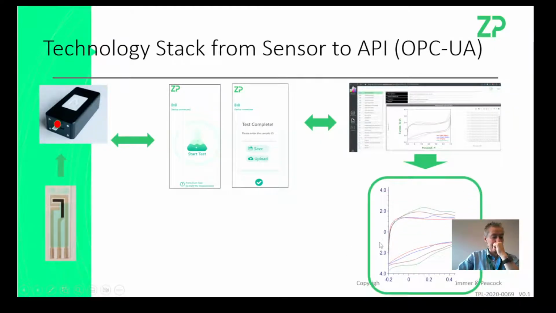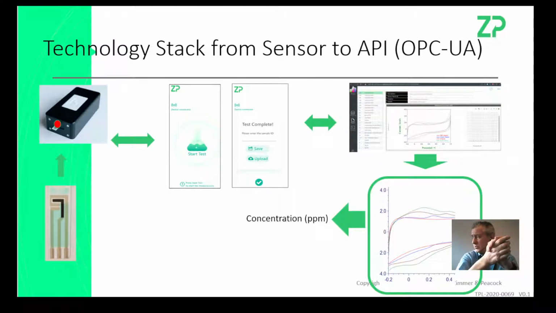Now we convert that data into things like concentration. Like here I put ppm, parts per million. We don't mind if it's molar, milligrams per deciliter. It's just a calibration factor essentially. So at Zimmer & Peacock, we're very much bought into Industry 4.0. Industry 4.0 has a subset of it called Lab 4.0.